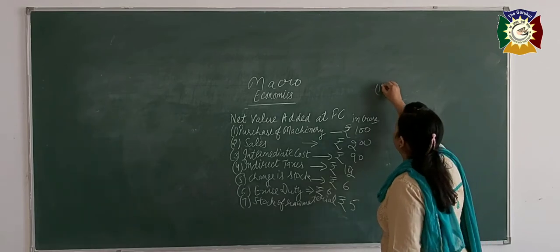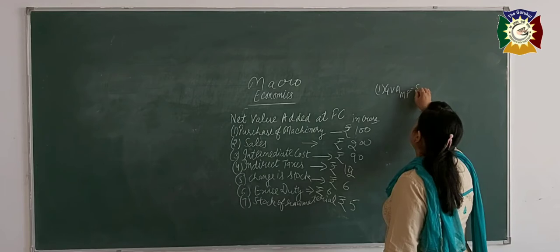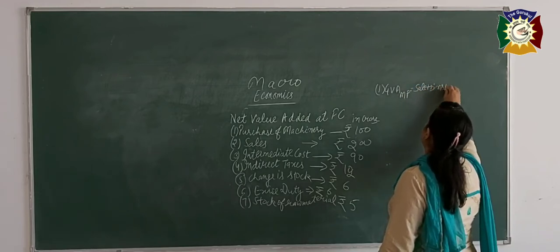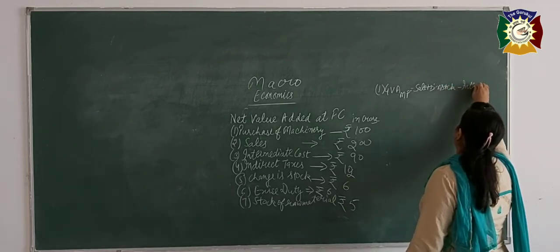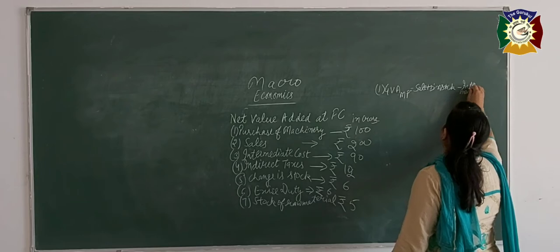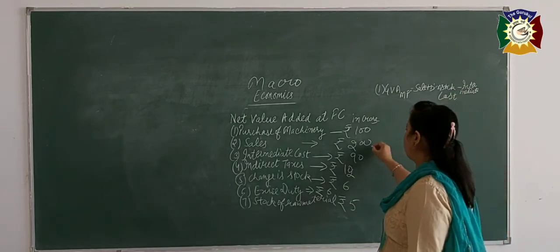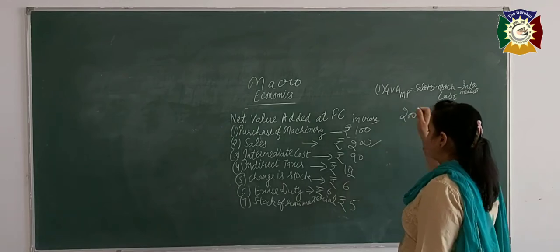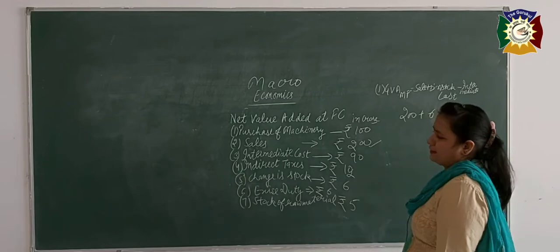Now you will do it by using your method. First step is find GVAMP. Formula is sale plus change in stock minus intermediate cost. Sale, you will find the sale, that is 200. Then change in stock, 6.